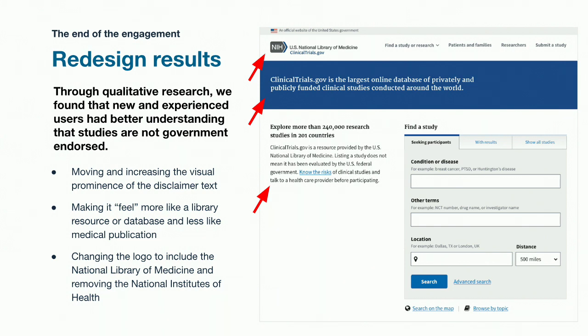We made it feel more like a library resource or a database and less like a medical publication. And then we purposefully changed the logo in the upper left-hand corner to include the National Library of Medicine as opposed to the National Institutes of Health, both of which are responsible for clinicaltrials.gov.